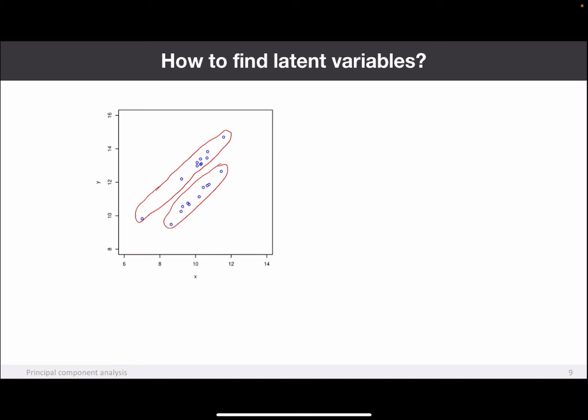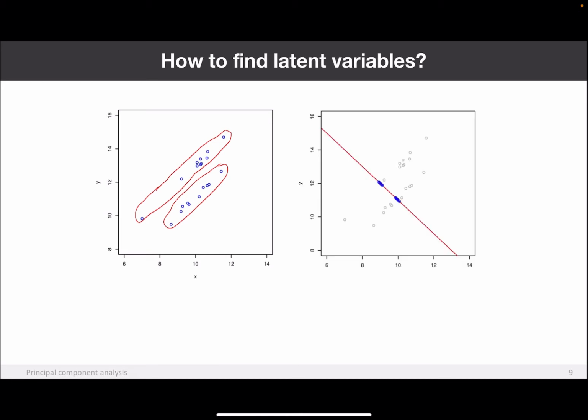And indeed we can do that, but in this case the orientation of the latent variable will be a bit different, this one. You can see that we lose a lot of information. We lose all these fluctuations, all these variations, right? But we don't care. For this particular task, all this variation that we lose, it's noise. Why? Because it doesn't help us to see the difference between the 2 groups.